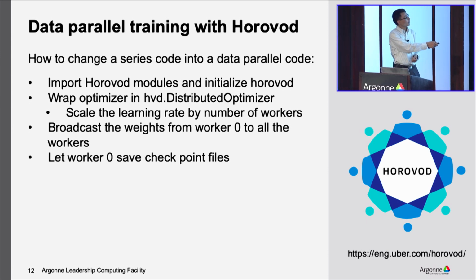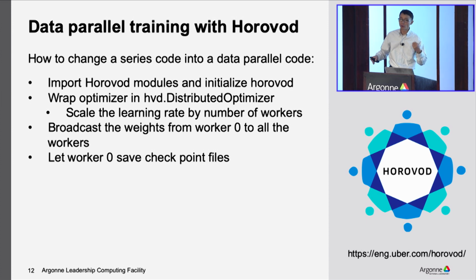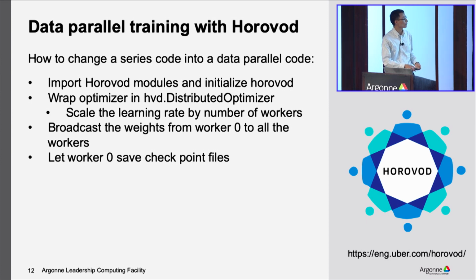And the third thing is to broadcast the weights from worker 0 to all the workers. As I said before, all the models are duplicated in the workers, so we want to make sure that all the workers have the same model. Right in the beginning, when we initialize the workers, we need to make sure that every worker has the same model.